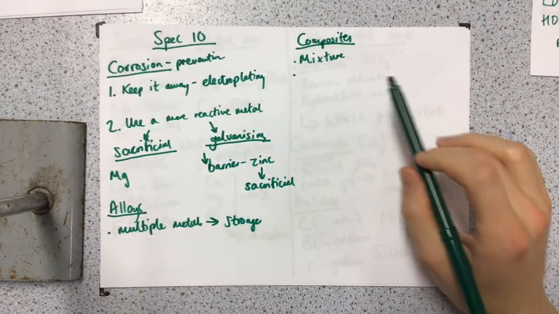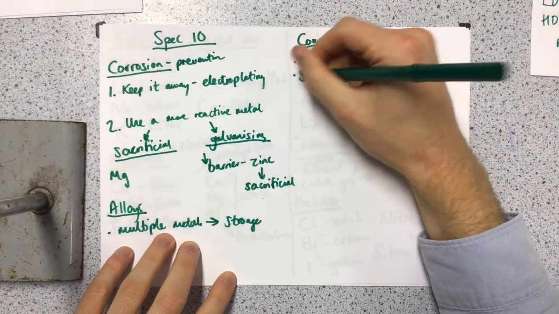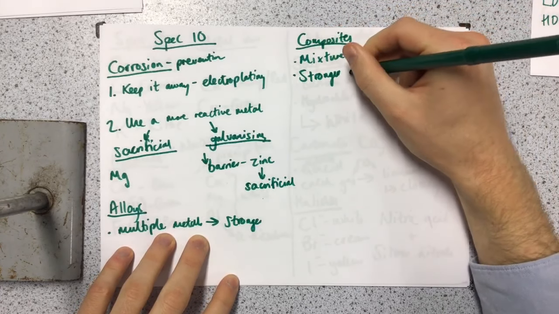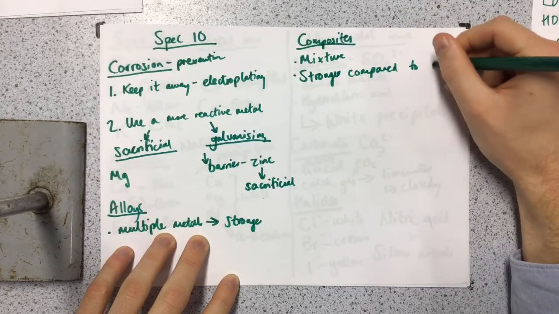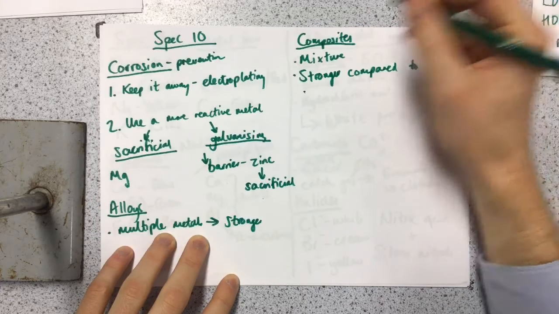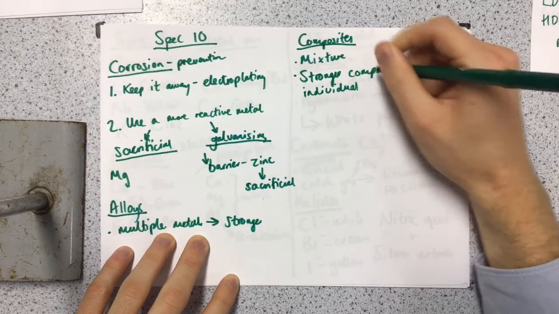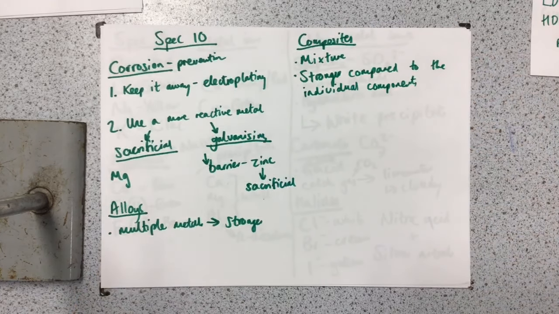Each individual component would have its own properties, but if you mix these together, these would then become stronger compared to the individual components. So there we go, that's all you really need to know around composites.